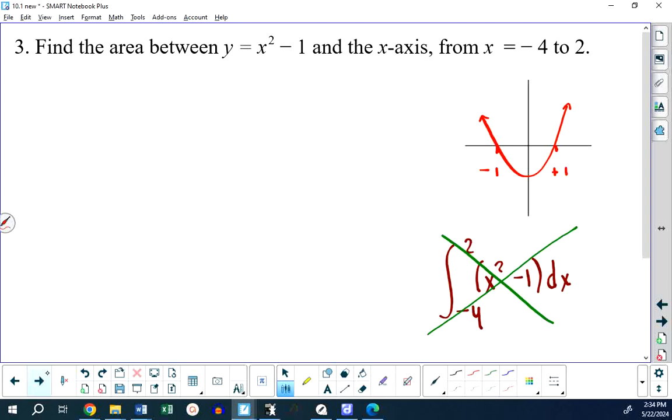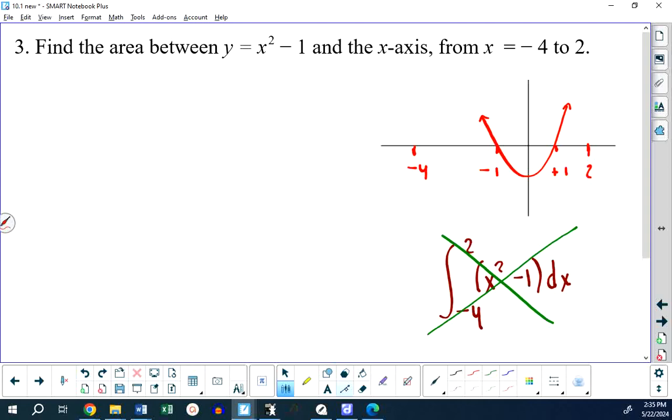Now, negative 4 is way over here someplace. If you want to extend your grid, I can't recall how big of a grid I gave you. I guess it depends on how you draw this as well. And 2 is over here. So what is it I am asking you to find when I say what is the area between the function and the x-axis from negative 4 to 2?